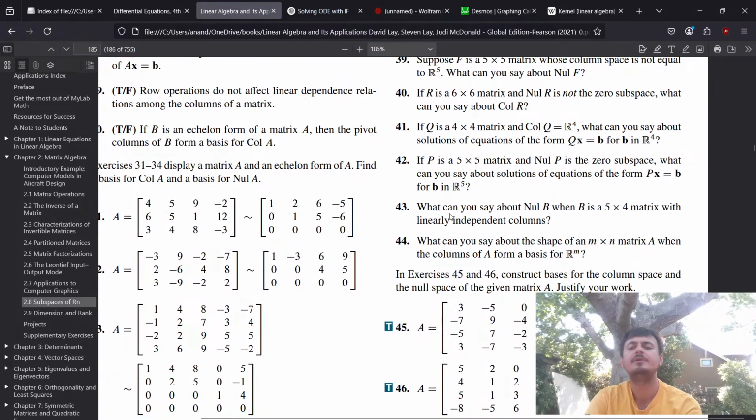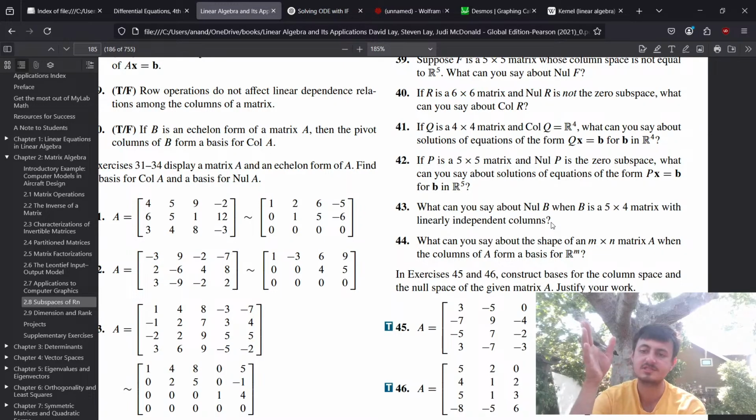What can you say about null B when B is 5 by 4 with linearly independent columns? You have four vectors of length 5 and the four are independent.